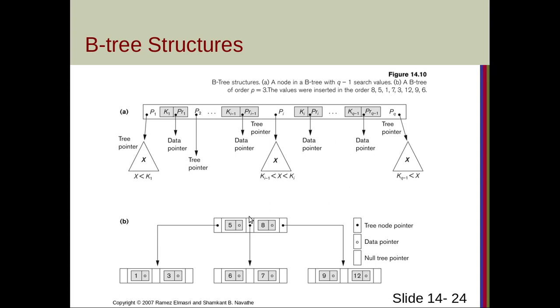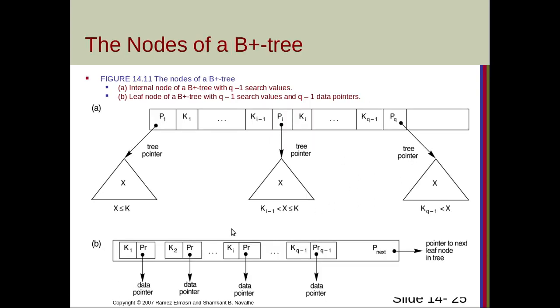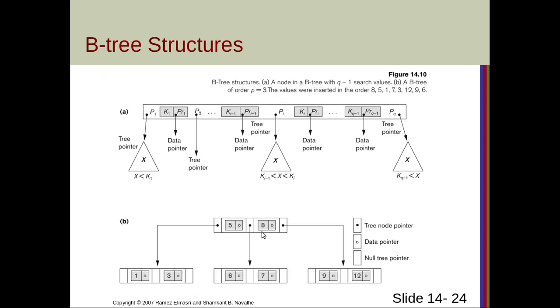See here, 5 and 8 are the key values in the second level, and in the leaf nodes you have 1, 3, 6, 7, 9 and 12. This is an example of a B tree.